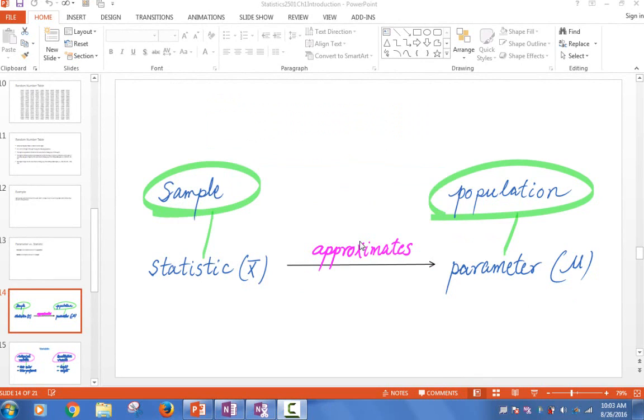So the couple of examples that I gave you on this, if you are looking at the voter preference in the 2016 election.